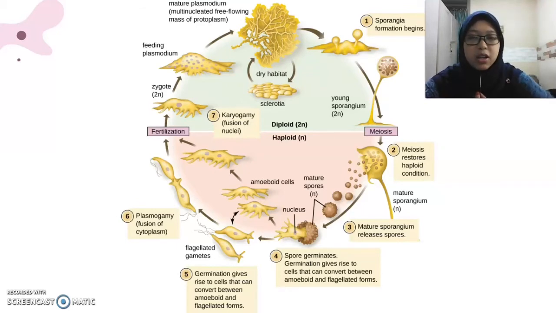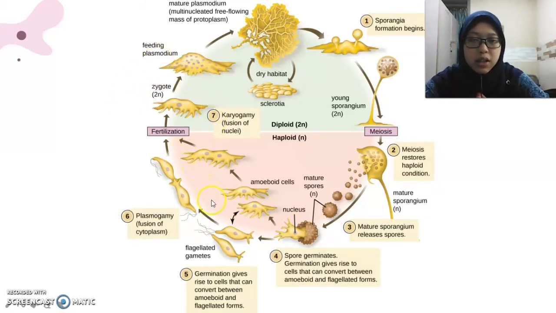to germinate. The germination gives rise to cells that can convert between amoeboid and flagellated forms. We can see that this one is amoeboid cells and this one is flagellated gametes. Two of the haploid cells will fuse to form a zygote that feeds and grows.